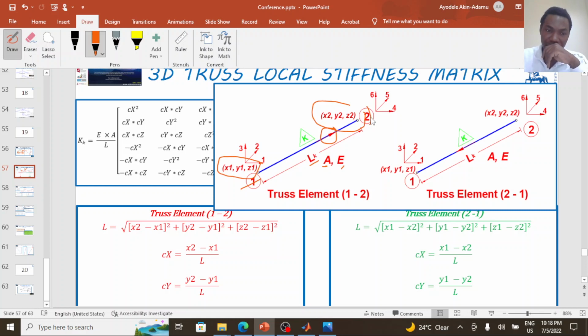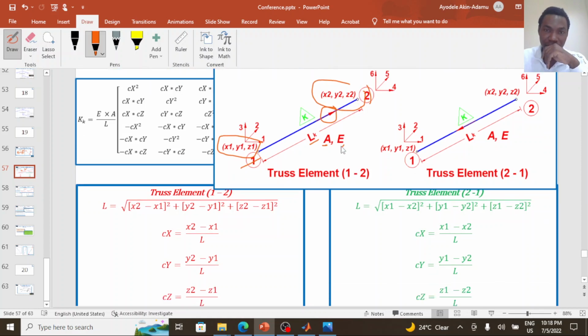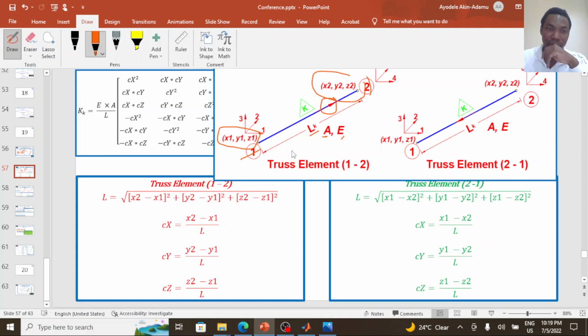If we choose this direction, we need to define Cx, Cy, Cz in this order. Cx is the cosine angle in the x direction, Cy is the cosine angle in the y direction, and Cz is the cosine angle in the z direction.